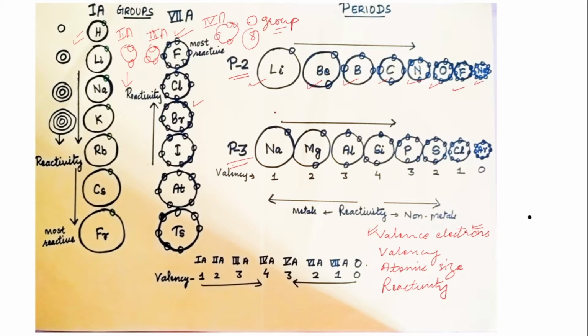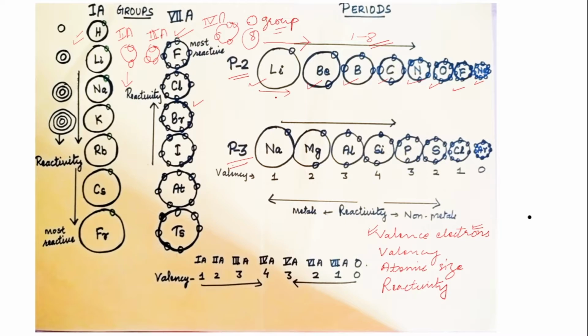So in case of period, as we move from left to right, the number of valence electrons increases from 1 to 8. In a group, all the elements have the same number of valence electrons, whereas in a period, the valence electrons increase from 1 to 8 while moving from left to right.